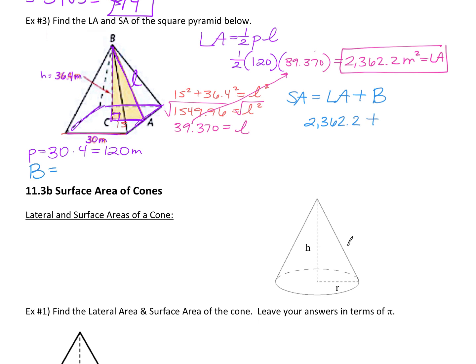Base times height, which is what? 900. It's 30 times 30, or 30 squared, so 900. So you're just going to add 900 to that lateral area, and you get a surface area of 3,262.2 square meters.